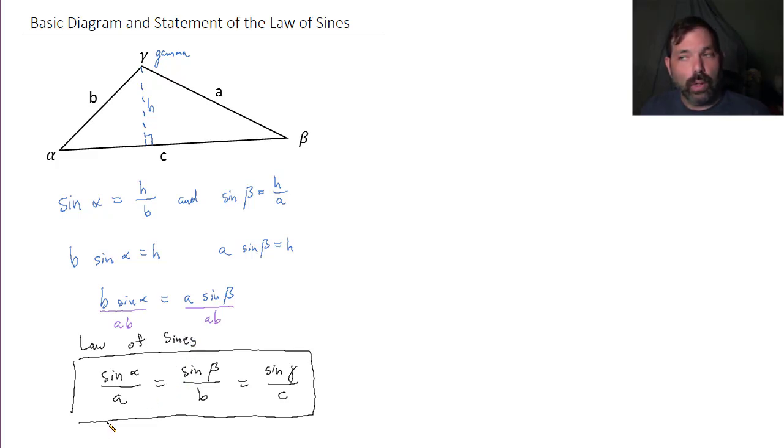So in an oblique triangle, the sine of the angle divided by its opposite side is proportional to the sine of any other angle divided by its opposite side. This is known as the law of sines. Let's see how we can use it.